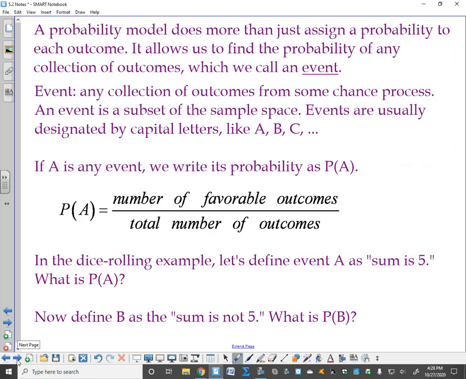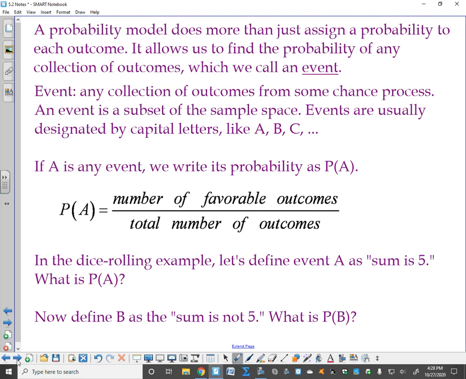A probability model does more than just assign probability to each outcome. It allows us to find the probability of a collection of outcomes, which we will call an event. So we have outcomes and we have events. An event is a collection of outcomes from some chance process. An event is a subset of the sample space.